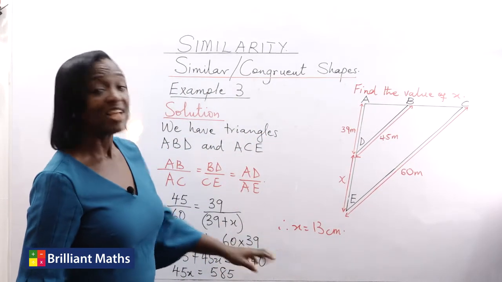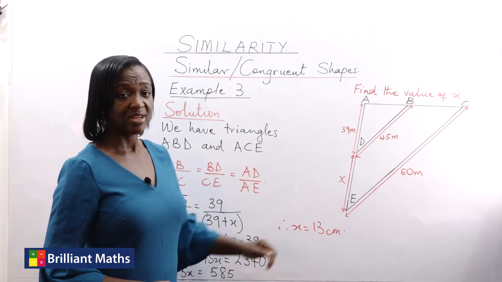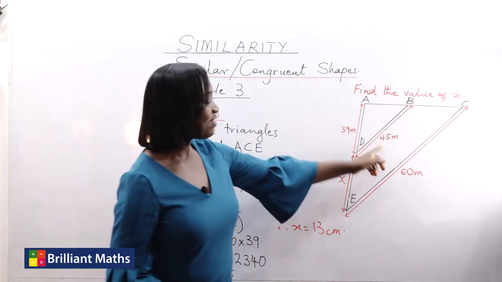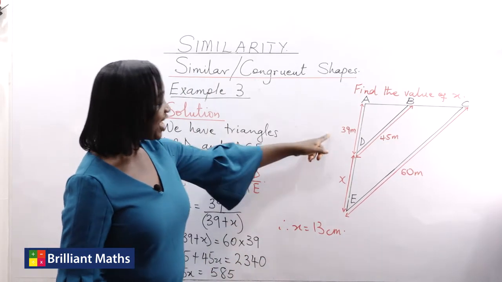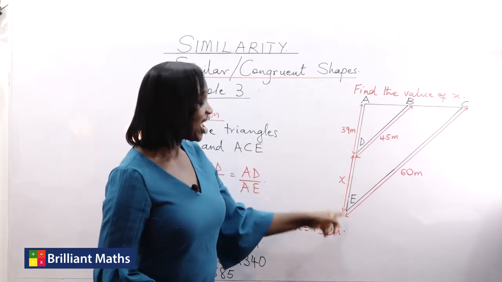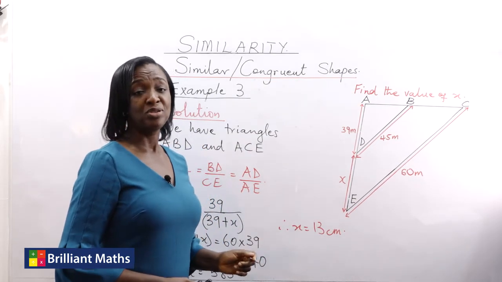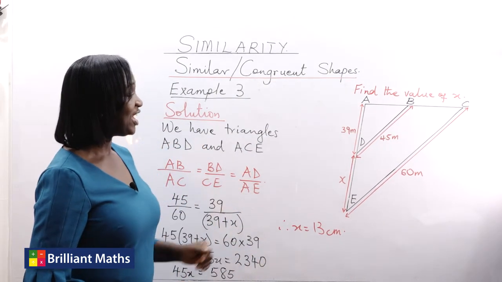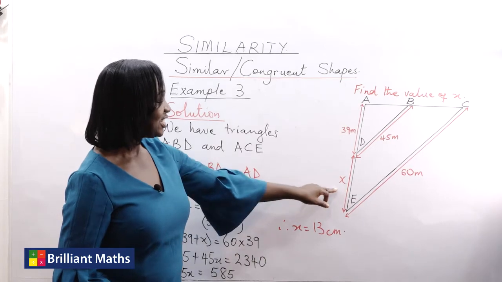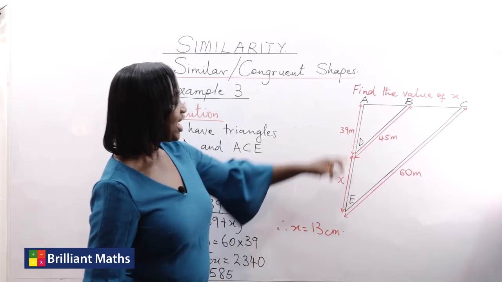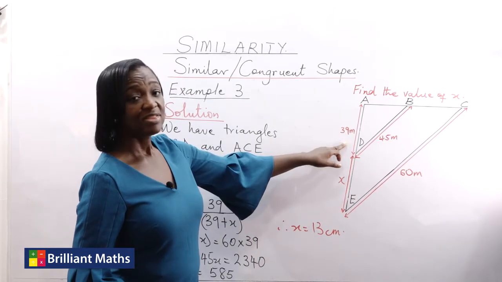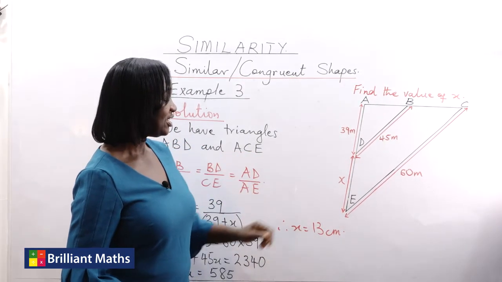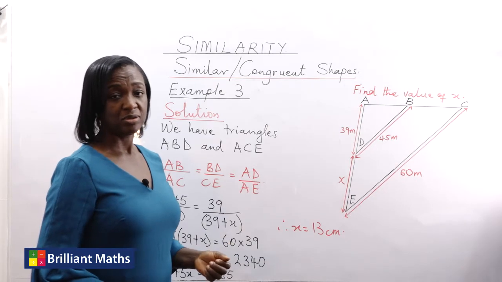So to check, let's see if our answer is correct. Because if 45 over 60 is equal to 3/4, then 39 over the length of AE should also be equal to 3/4. So what is the length of AE? X is 13. So AE is AD plus DE. 39 plus 13 will be equal to 52.